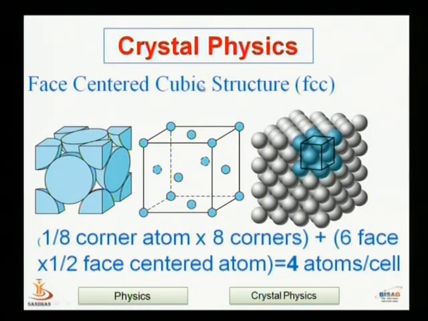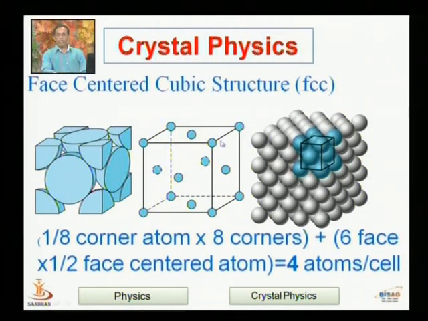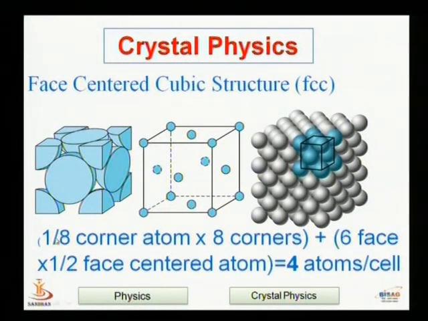Third one, face centered cubic structure. So similar to simple cubic, the atoms are arranged at every corner point, but in addition to this, there are 6 faces. So these are the 6 face centered atoms arranged at the center of the face. So the number of points per cell, so it is 1/8 into 8 corners plus one atom, it is shared between 2 cells.